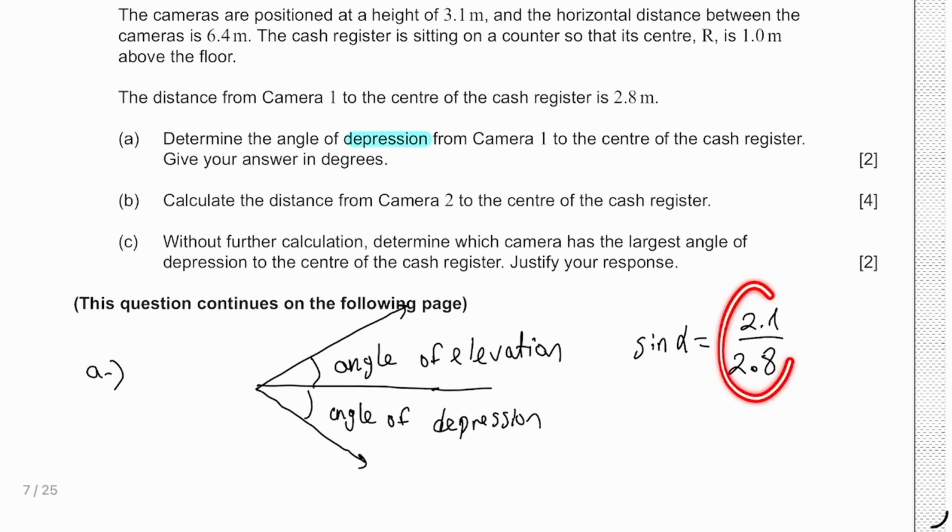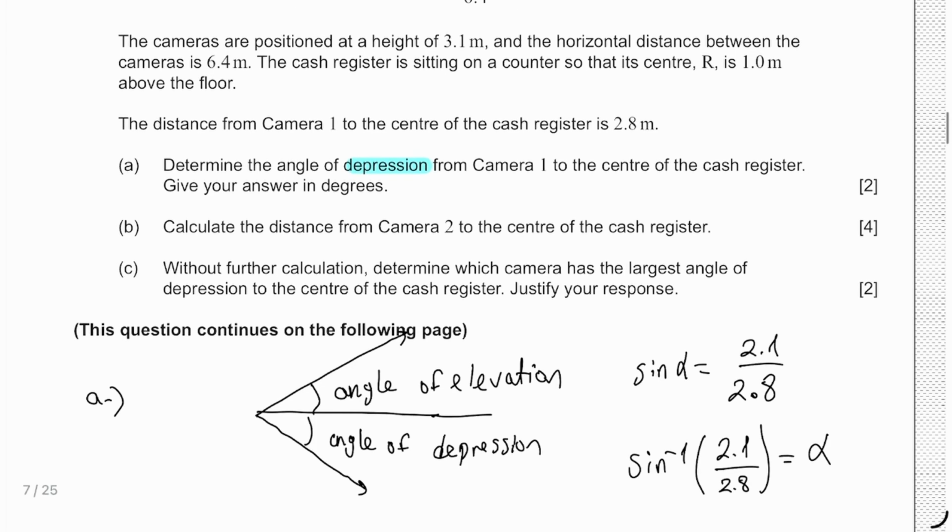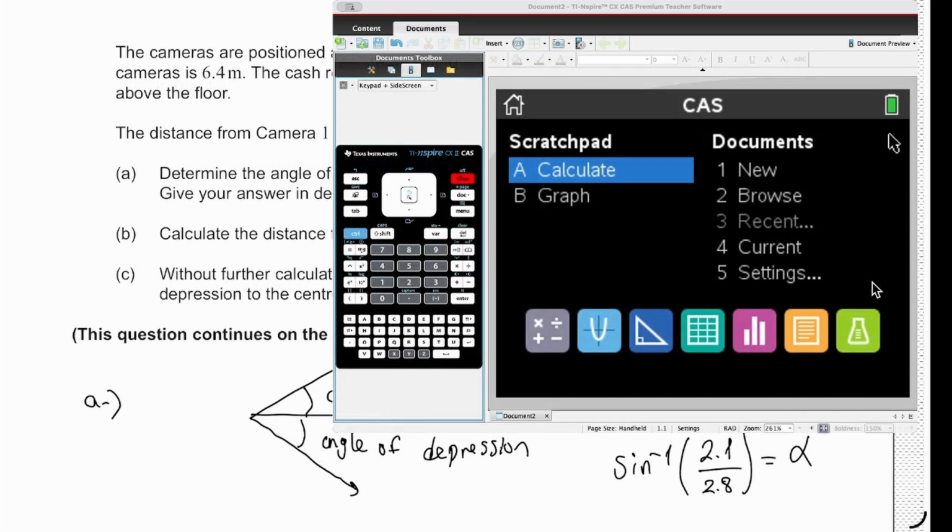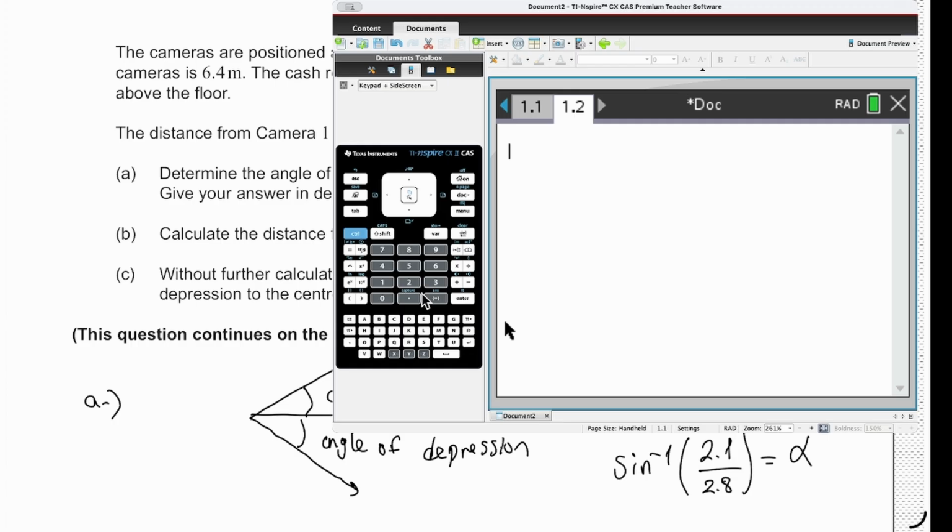How can I find alpha? I need to use the inverse function on the calculator. So sine inverse of 2.1 over 2.8 equals alpha. And how can you find this, guys? By our calculator. Let me show you. You need to go to calculate, and you see there's a trig button here.